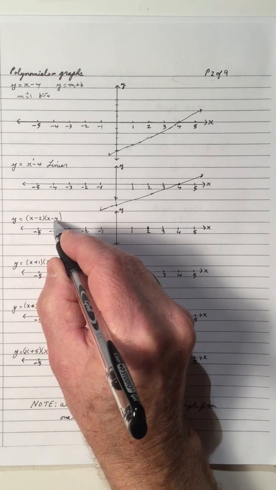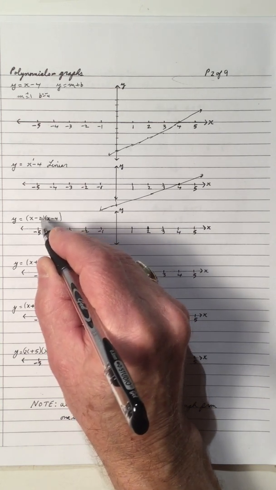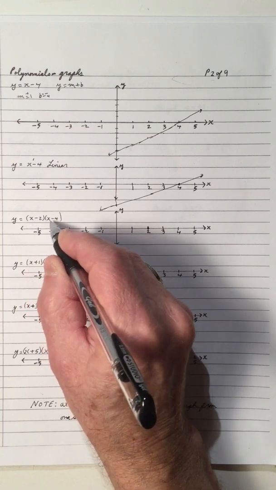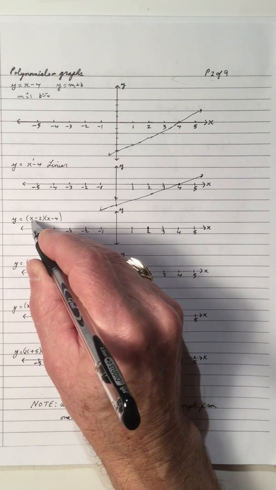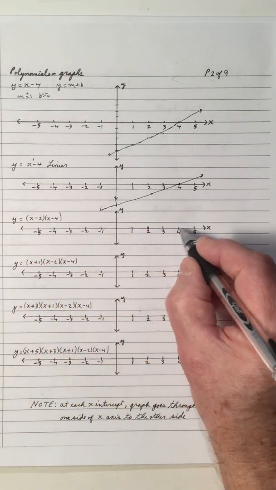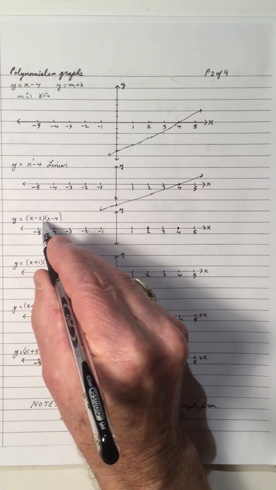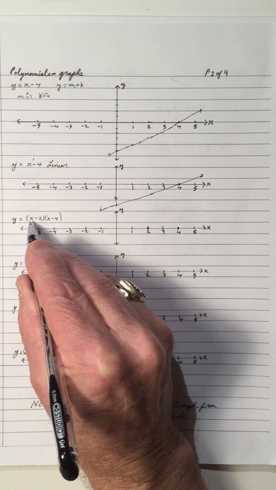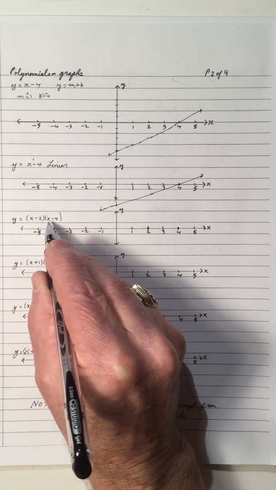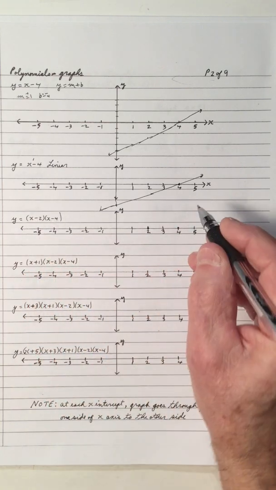If x is 4, you get 0 here; 0 times whatever this number is, in this case 2, is 0. So when x is 4, that's another x-intercept, so you have 2 x-intercepts now. And when you let x equal 0, you get -2 here and -4 there, so -2 times -4 is 8.